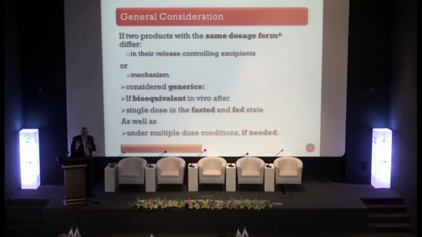So the guideline didn't give you the choice whether you go for fasted or fed. It has to be in both if you are a generic of modified release. I hope that is clear. There is no shortcut in that. You have to have the bioequivalence, fasted and fed, for the two products. And of course, you might need multiple dosing later on if there's any accumulation. We'll go through this quickly.